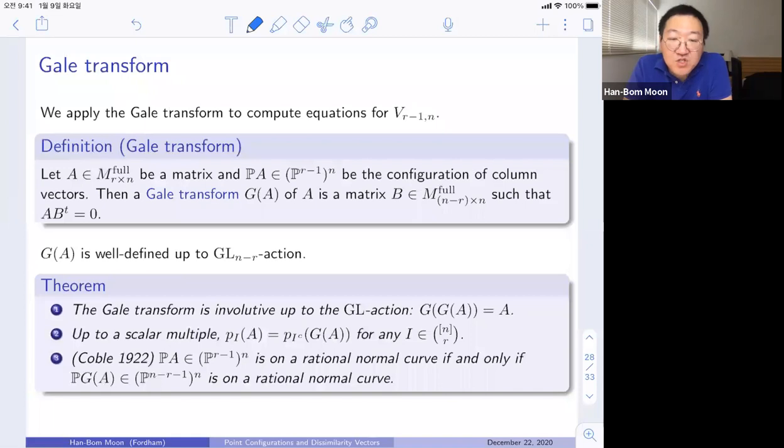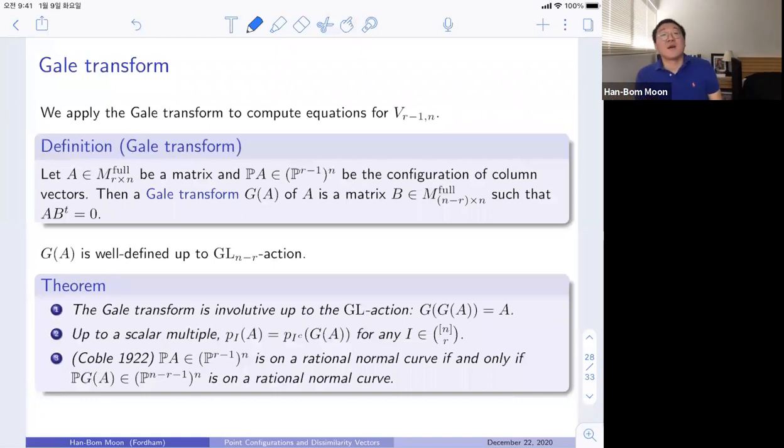Then the Gale transform G(A) of the matrix A is another full-rank matrix B of size (n-r) by n, such that A times B transpose is the zero matrix. You can think of this as finding the orthogonal subspace.